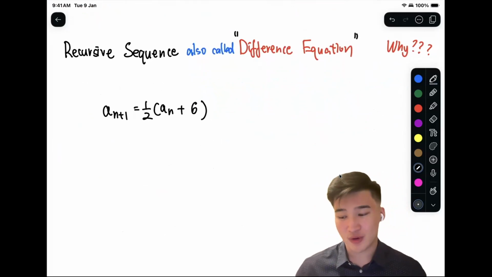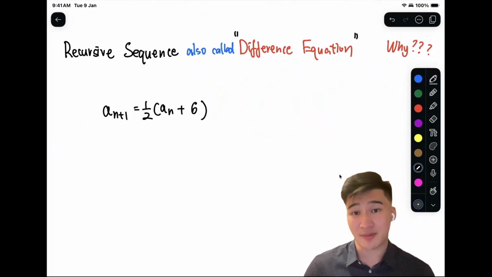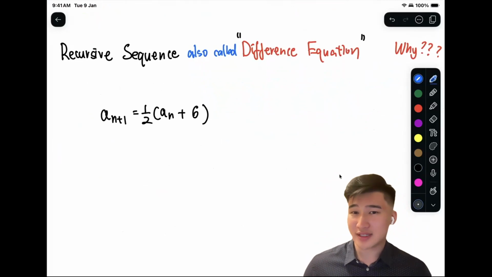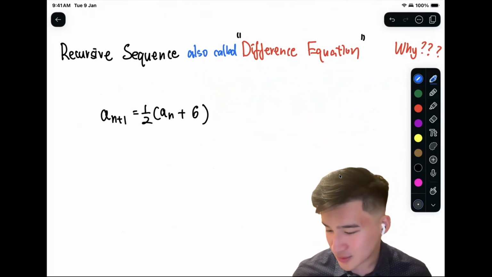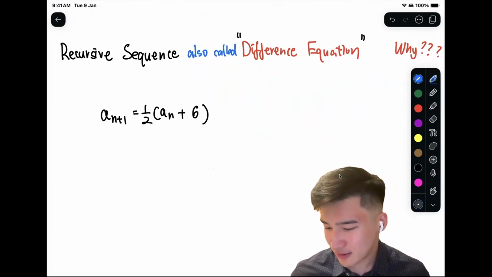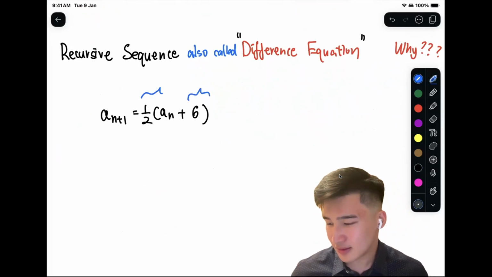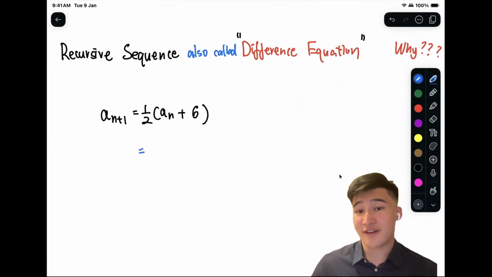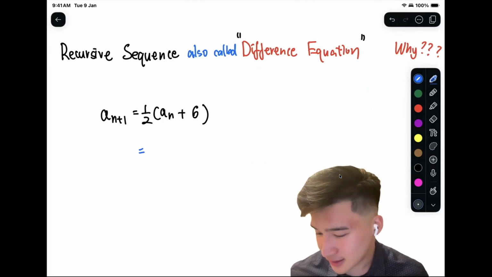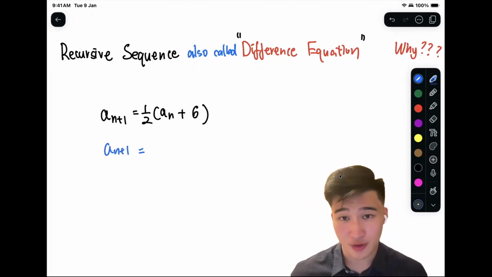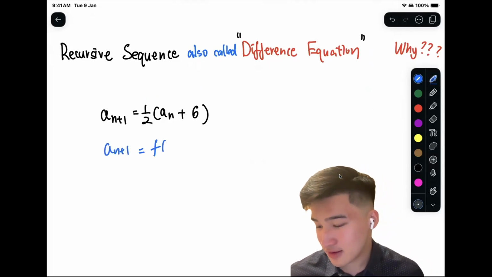We did a(n+1) equals 1/2 a(n) plus 6. Now, if we dive a little bit deeper, we can see that a(n+1) and all this fluff here, you can simplify it into a function. Let me just write it down first. a(n+1) is going to be equal to f, the function of input a(n).